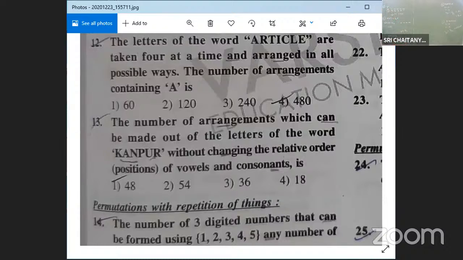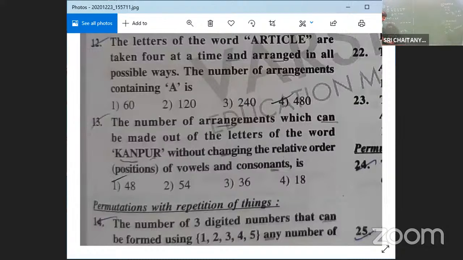I am repeating this. KANPUR consists of 6 letters. He asked that the relative positions of vowels should not be changed. Whatever word you frame, here you can get U, but you should not get N in the 2nd place. You can get A, but you should not get P in the 2nd place.